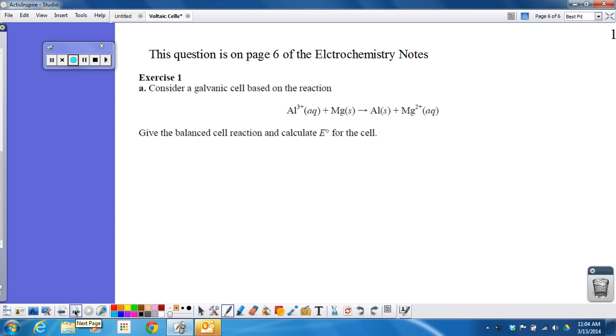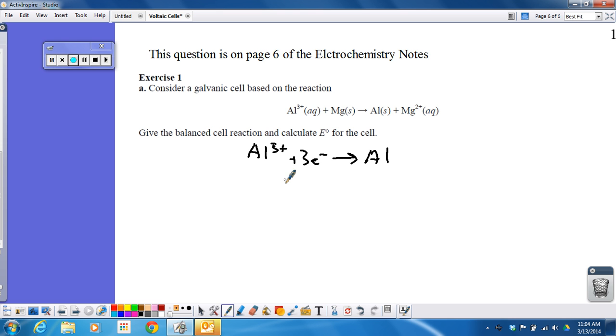Okay. So if I want to calculate the cell potential for a galvanic cell based on this reaction, the first thing I want to do is to split this up into its 2 half reactions. So I know I have aluminum 3+ plus 3 electrons becoming aluminum metal, because for Al3+, I have to add 3 electrons.